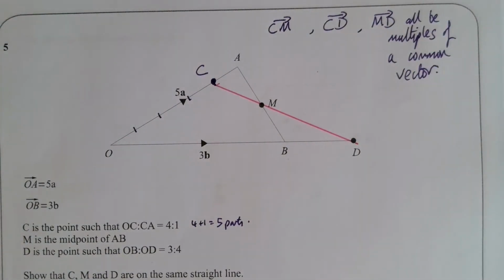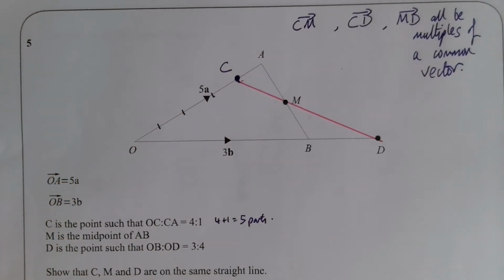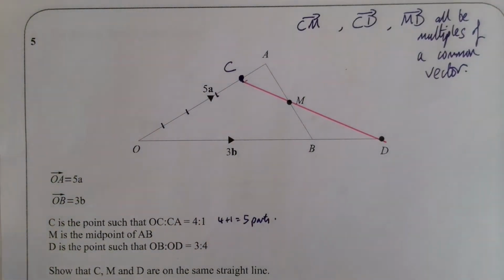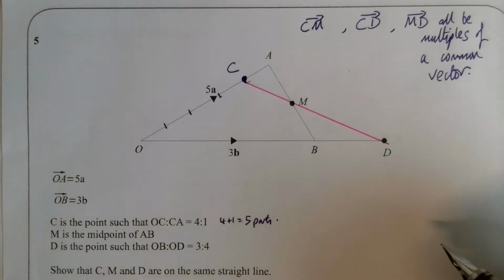But you're going to pick up marks just by defining some vectors as you go, even though it doesn't say. So the important thing is to start having a bit of a go at it.